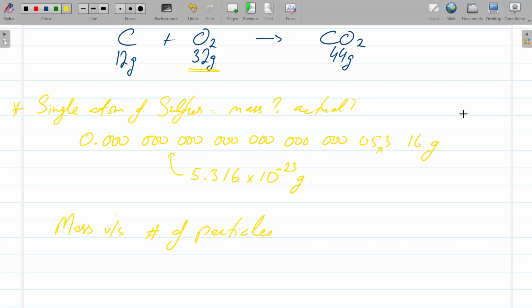It doesn't fit. And from this we come to a chemist by the name of Amedeo Avogadro, if I'm pronouncing that correctly.